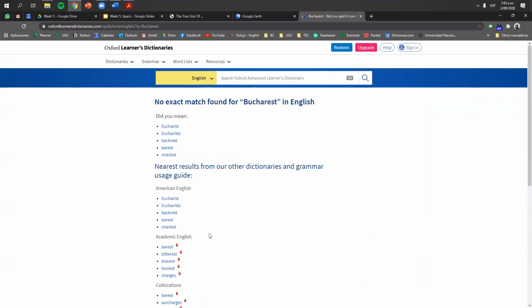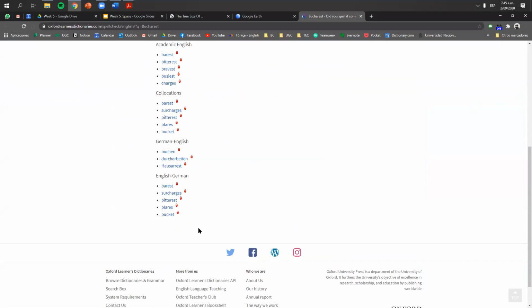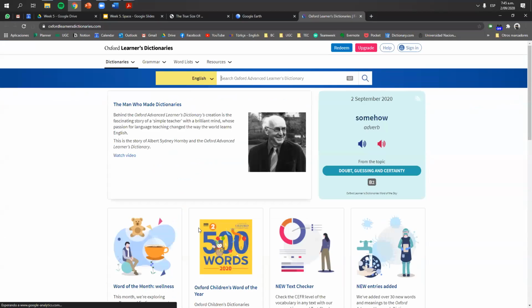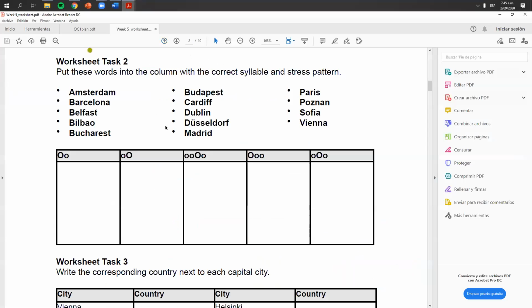Teacher, a question. Yes? How can we do it with Czech Republic, because it has two different words? I didn't find a way to do that. Oh, that's a very good question. Yes, that's true, it's two different words.